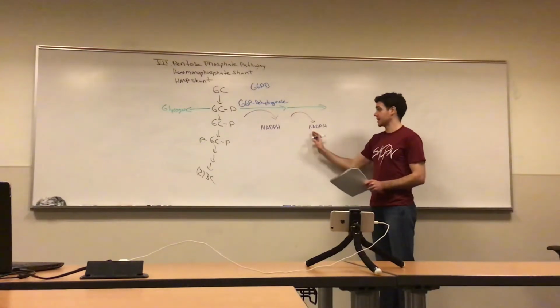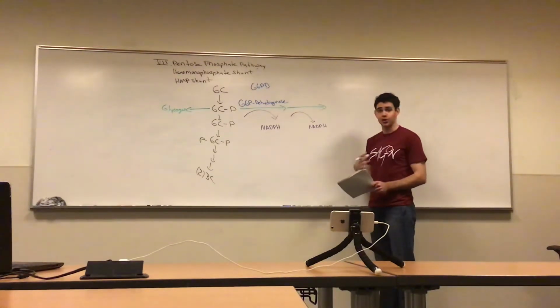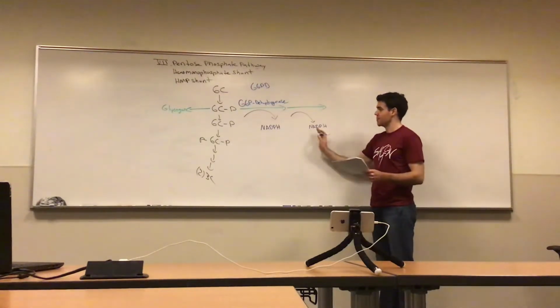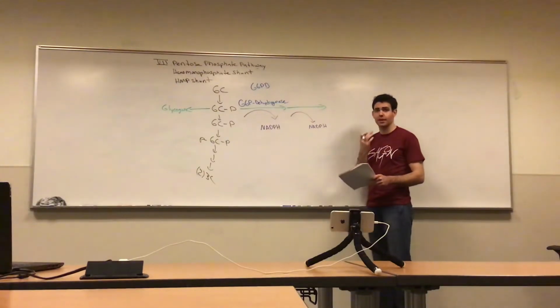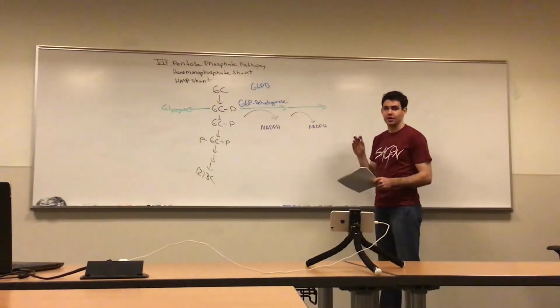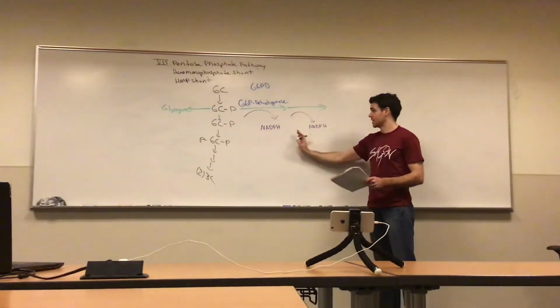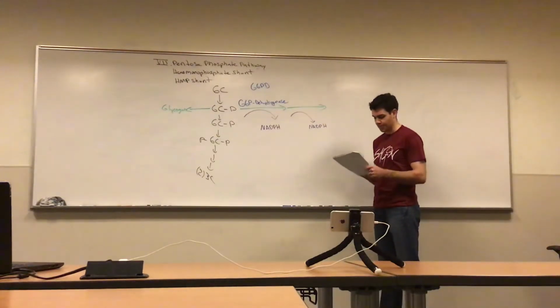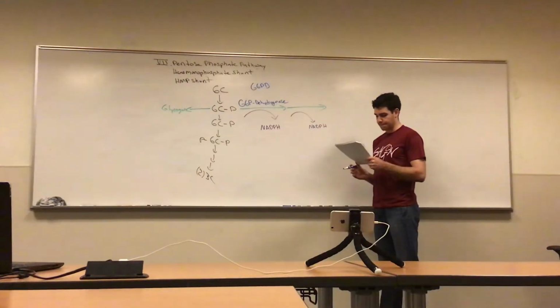So this NADPH can reduce those. They make something called glutathione, if you ever heard of that. So these make glutathione, which is then the sort of quintessential antioxidant in the body, right? So this is the quintessential antioxidant precursor.